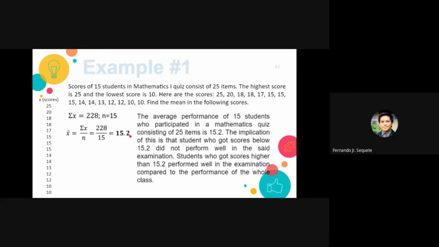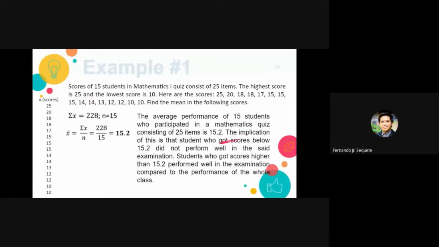Okay, so for the average performance, we have to practice giving the interpretation. The average performance of 15 students who participated in a mathematics quiz consisting of 25 items is 15.2.